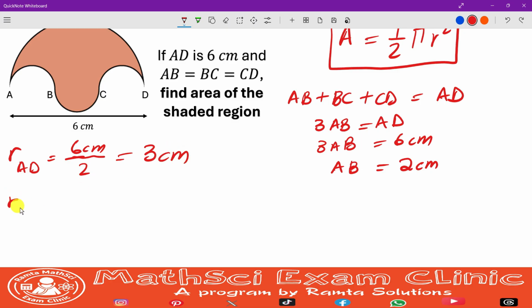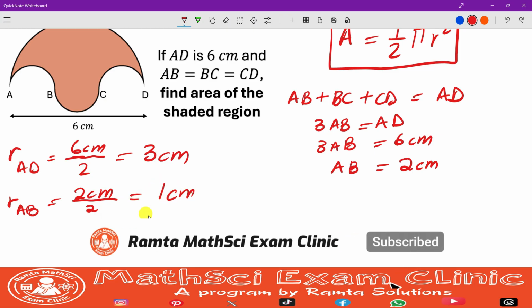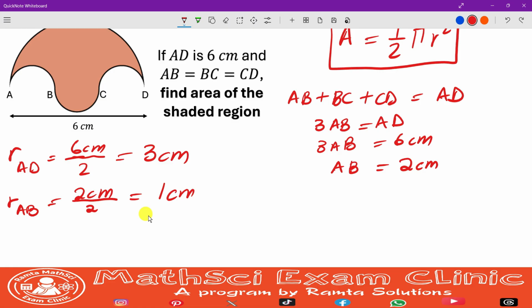Now, we also need the radius of AB. We said AB is 2 centimeters, so to get its radius, we divide by 2. Therefore, the radius of AB is equal to 1 centimeter.